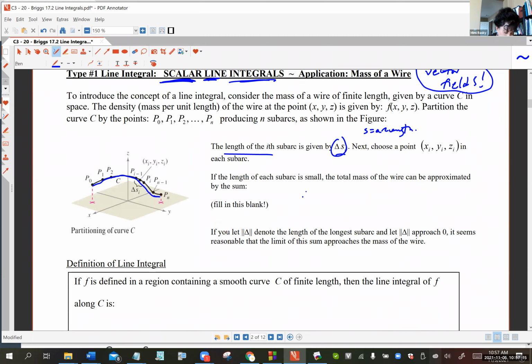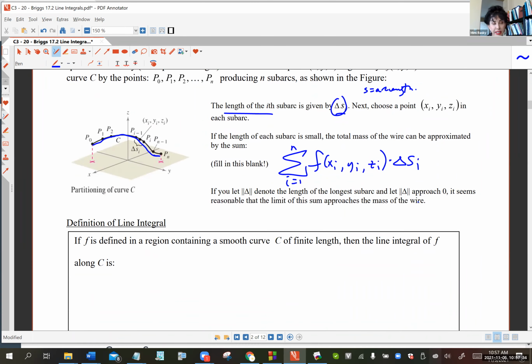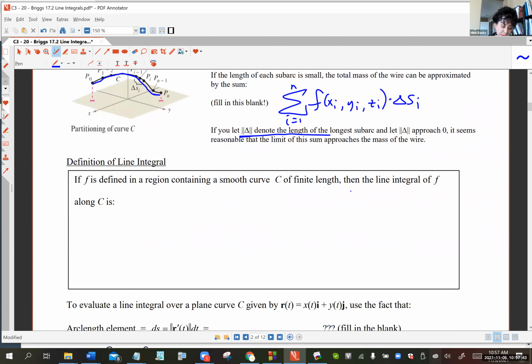So you're going to have a sigma, i going from 1 to n, f evaluated at an arbitrary point inside of your little subarc of the wire, f evaluated at x sub i, y sub i, z sub i, in other words, times the little length of the subarc there. And then tighten up the partition and let the norm of the partition, which is the length of the longest subarc, approach 0. The limit is going to approach the mass of the wire.